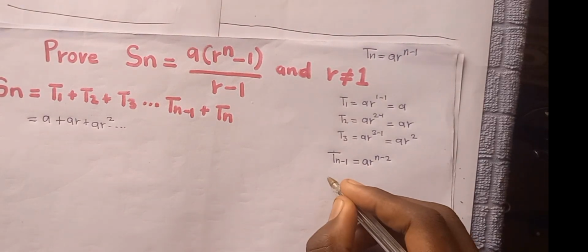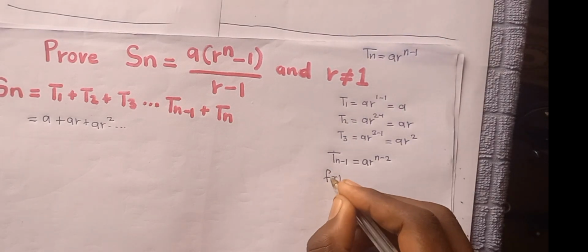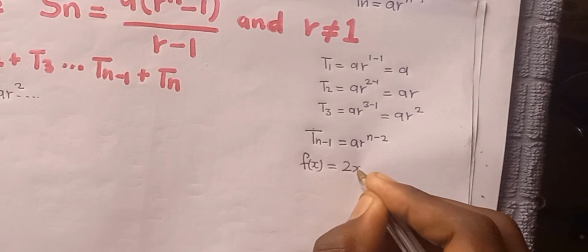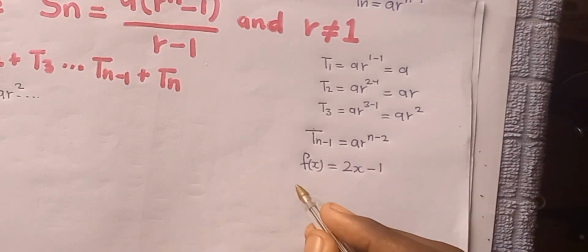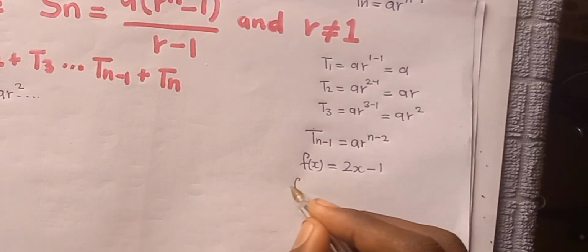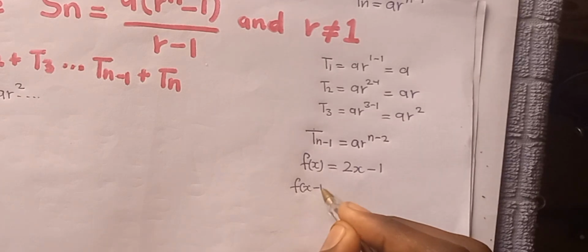Remember, if you have f(x) equal to 2x minus 1, I'm just giving an example, and they say find the equation of f(x minus 1).